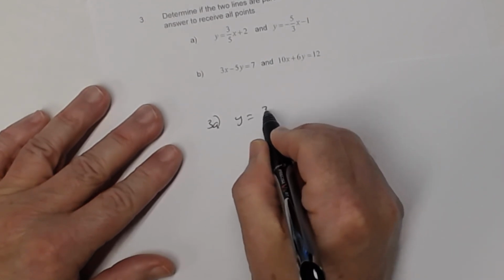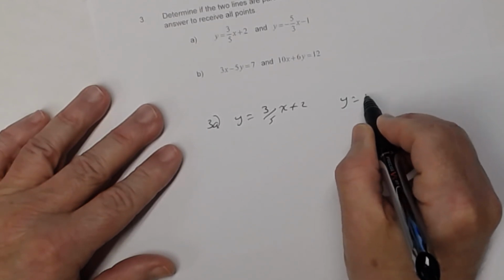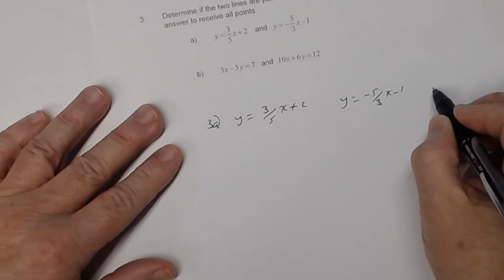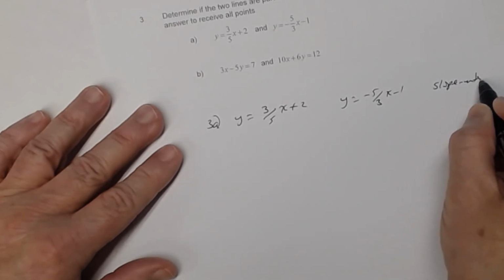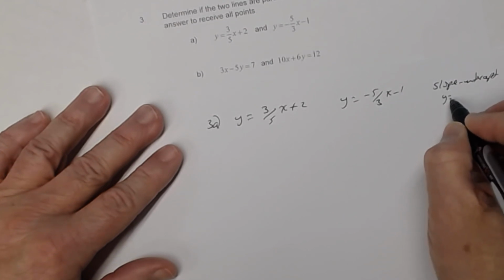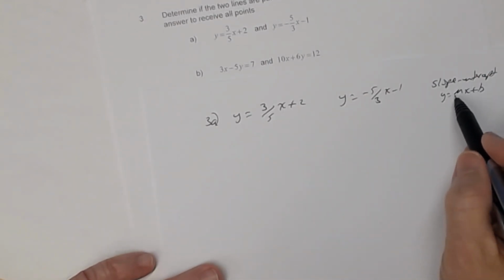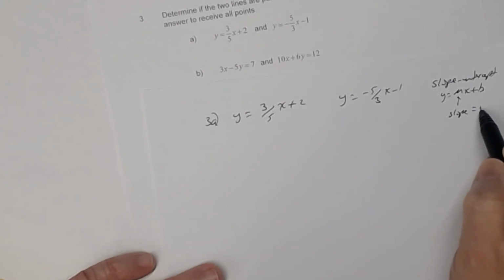You have y equals 3/5 x plus 2, and y equals negative 5/3 x minus 1. So remember, this is already in slope-intercept form, y equals mx plus b, where the coefficient of x is your slope. So the slope is m.